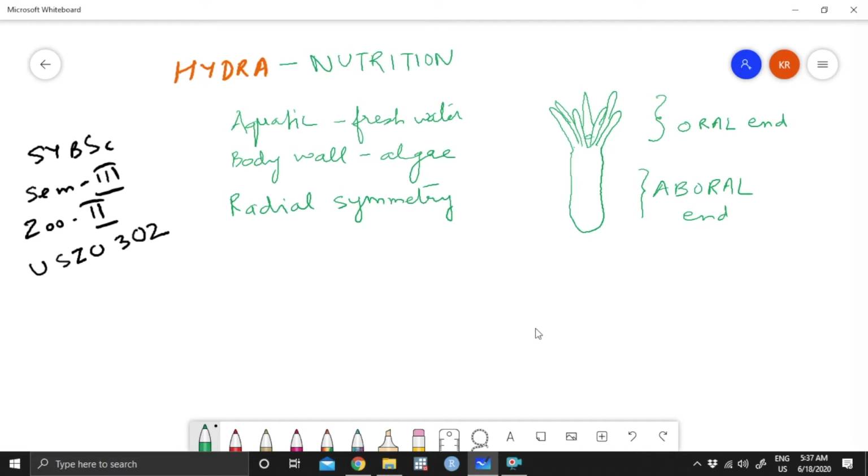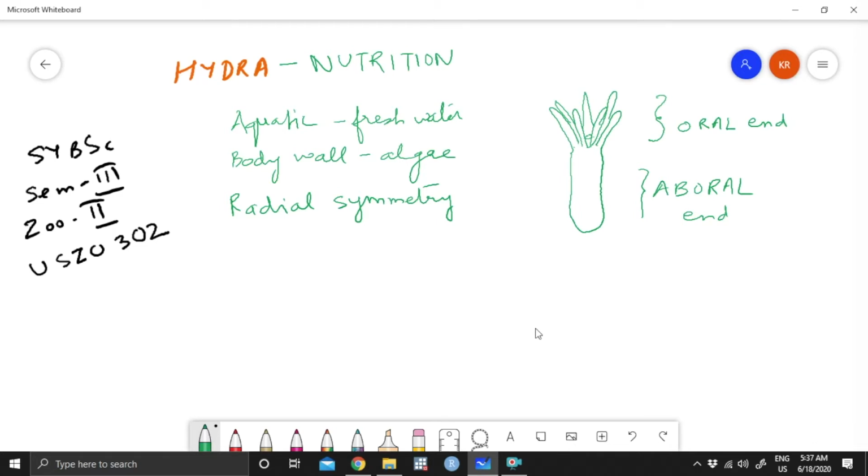Now, as you can see, we have talked about the mouth, where the food enters because it is captured by tentacles, and the food goes into this large space which you can think of like a stomach. The food is digested. Whatever remains undigested is discarded out of the same opening.